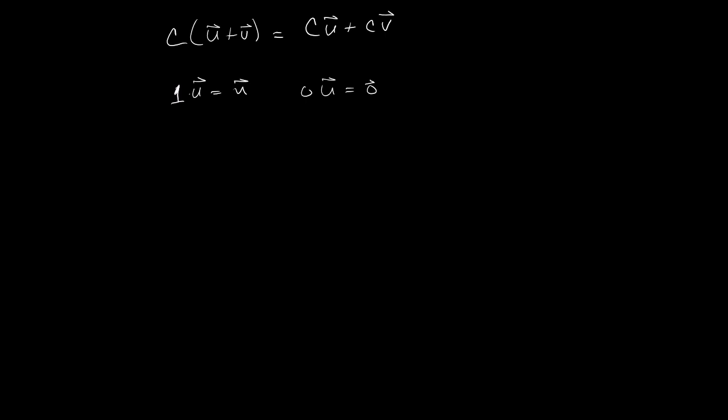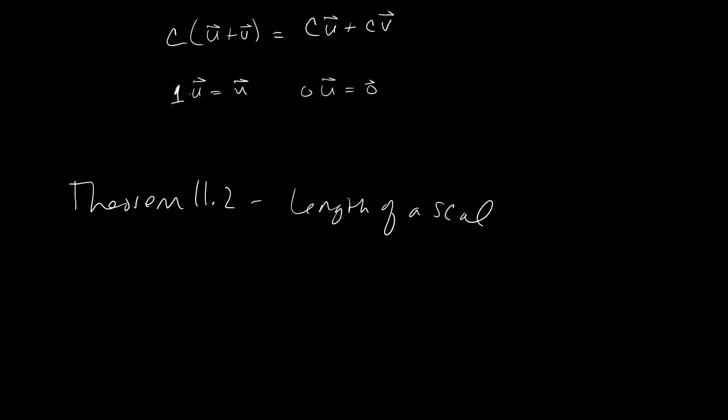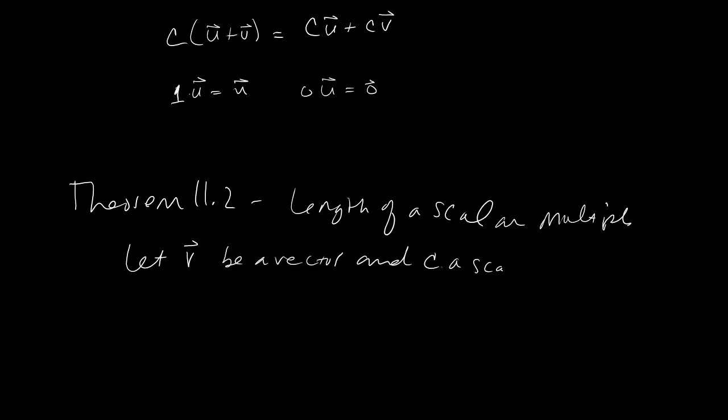Let me give you a theorem. Theorem 11.2, all those lovely properties are theorem 11.1. The length of a scalar multiple. Let v be a vector, and c a scalar, that is, c is a real number.